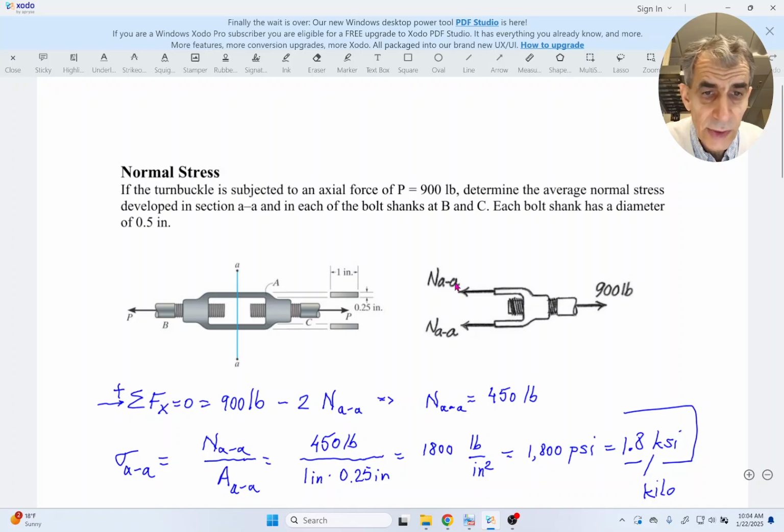We have two cross sections, two arms on the turnbuckle, but the moment we select the right side or the left side, that answers the question students are asking: should I use two of them or one? And the answer is use one, because we are taking the cross section and we select either the one on the left or the one on the right.